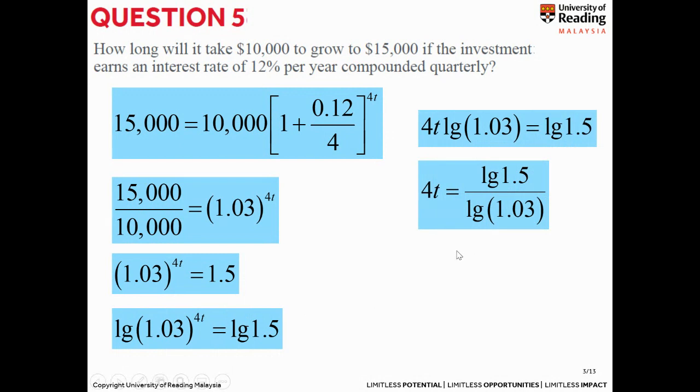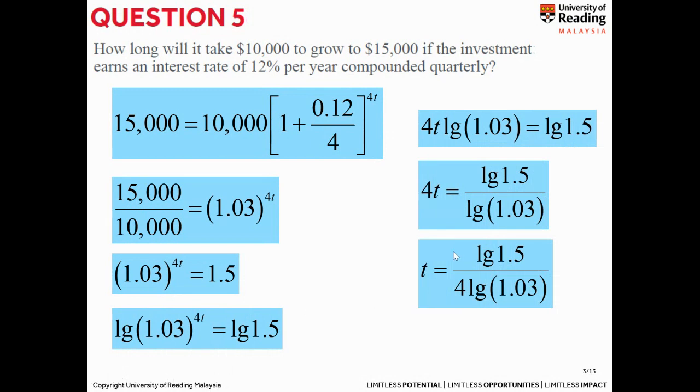You may solve this directly or bring the 4 from the left hand side to the right hand side. Now key in this set of values in your calculator very carefully, and your answer should be 3.43. So it will take about 3.43 years for your money to grow to 15,000.